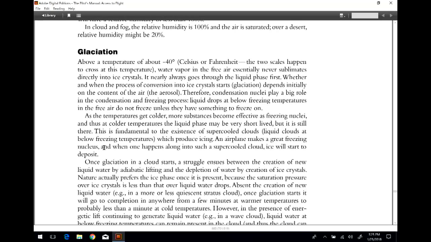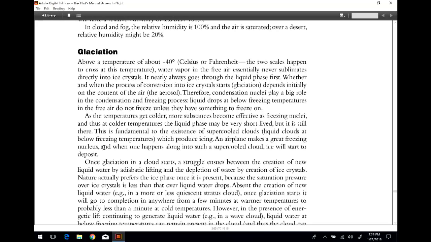Glaciation. I don't say that very well. One of the things that happens is that when you have water vapor in free air at temperatures above -40, it says here that the water vapor in the free air essentially never sublimates directly into ice crystals.